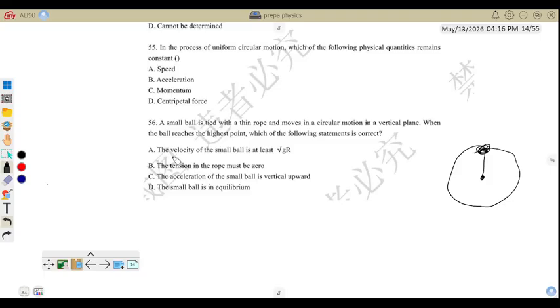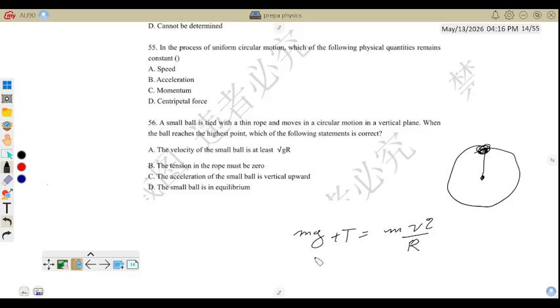So for A, the velocity of the small ball is at least the square root of gr. At the top, mg plus the tension T equals mv squared divided by r.